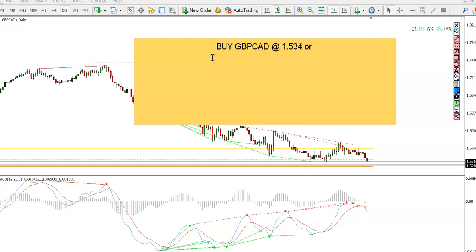Or you can simply enter when the market opens if you like to take a more risky approach and scale yourself into the position. I'll be having a pending order at 153.4, or enter straight away.